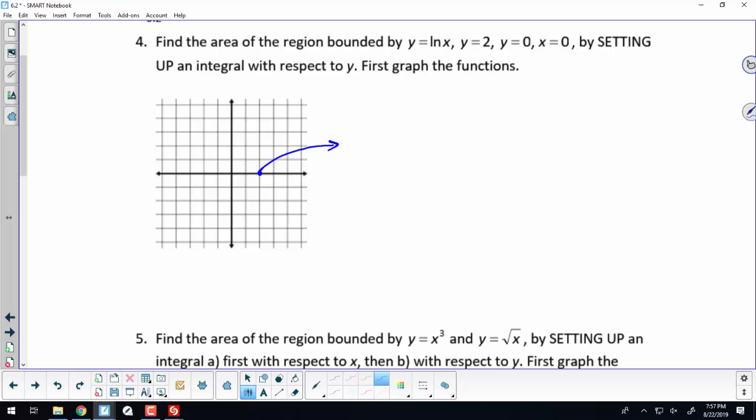So there's the natural log. Y equals 2 is up here. Y equals 0 is here. And x equals 0 is here.